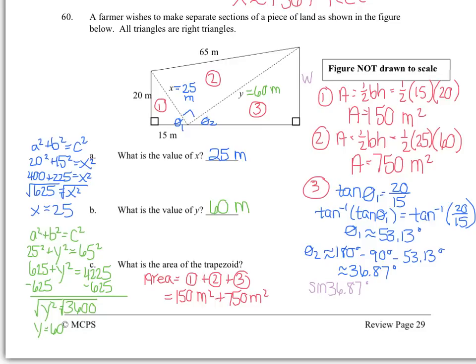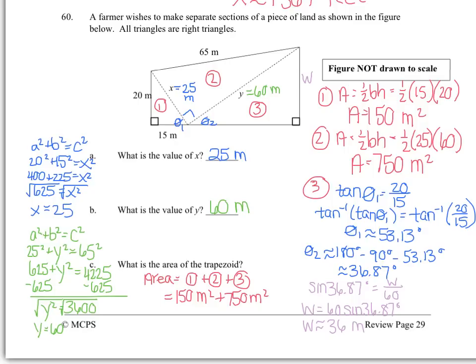The sine of 36.87 degrees is going to equal W over my hypotenuse, which is 60. So W is going to equal 60 times the sine of 36.87 degrees. So W is approximately 36 meters.